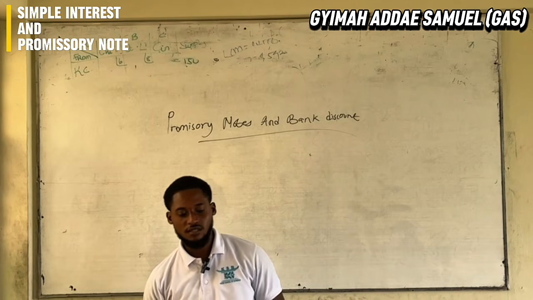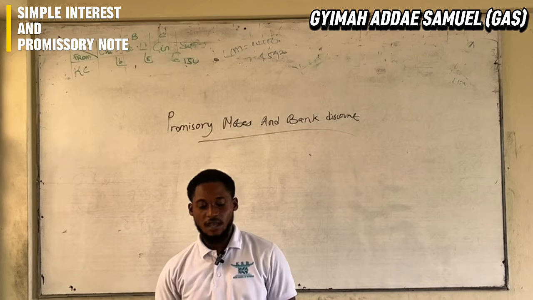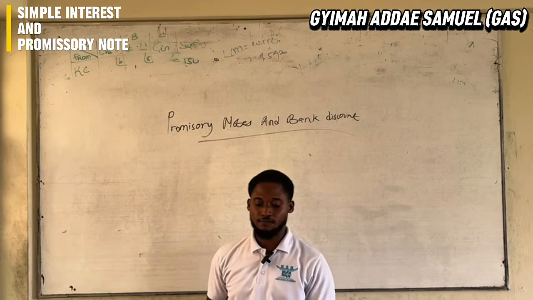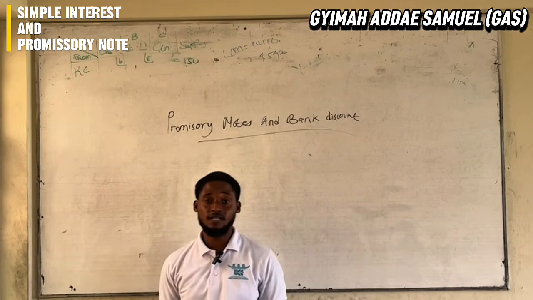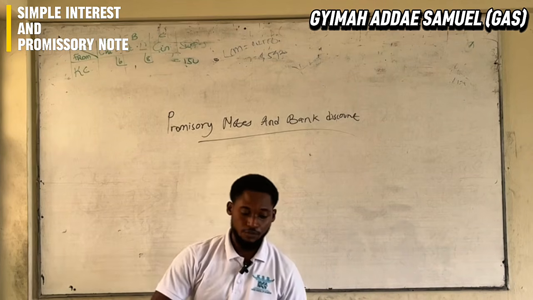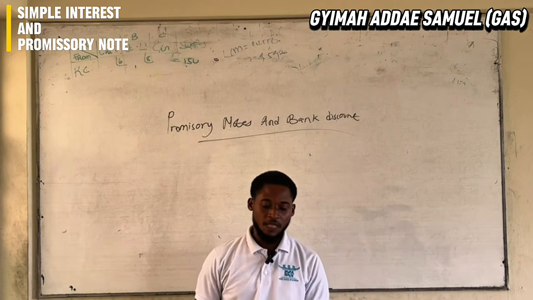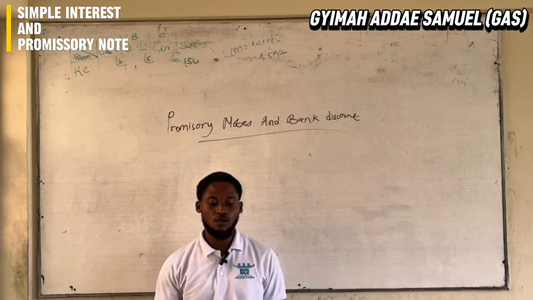A promissory note is a written promise by a debtor to pay a creditor a stated sum of money on a specified date.